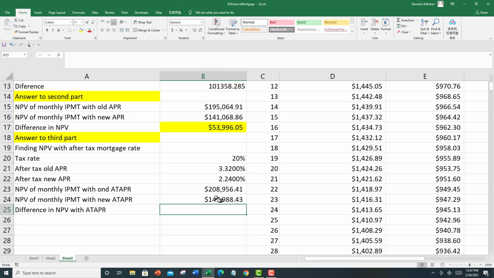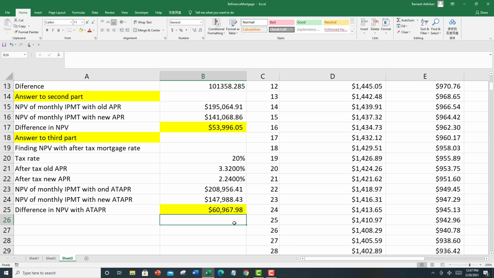That gives me the total present value using the after-tax rate. If you find the difference between these two numbers, that is the present value of your interest saving. So if you really consider the impact of both the time value and the tax, then the real saving for your mortgage would be 60,967.98. That is how you calculate how much the interest saving is if you refinance the mortgage.